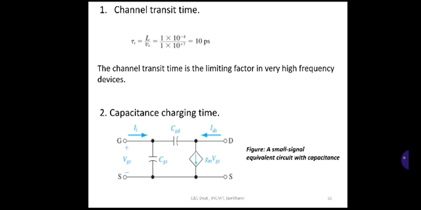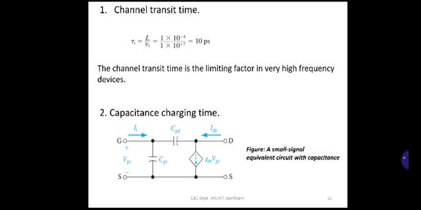So the current through CGD will increase. For the constant gm VGS, the IDS current will decrease afterwards. The output current then becomes a function of frequency.